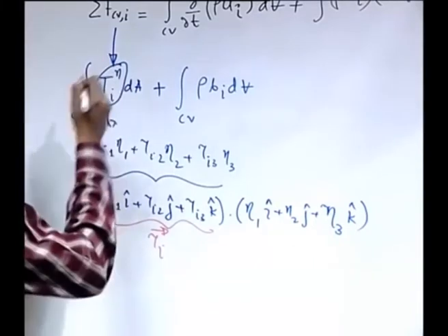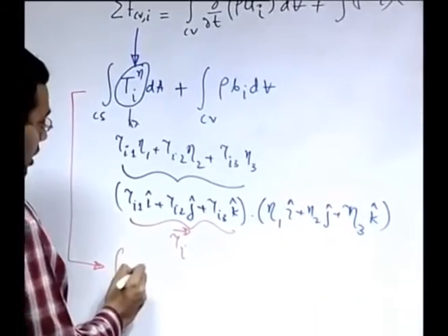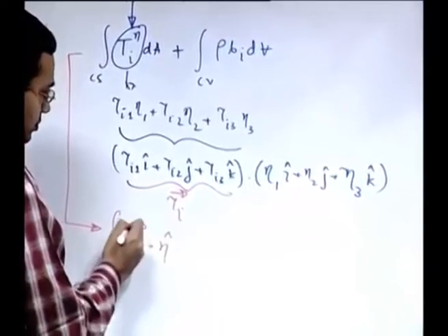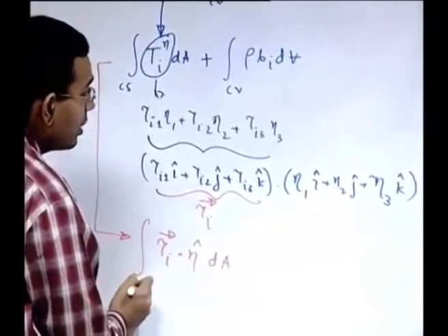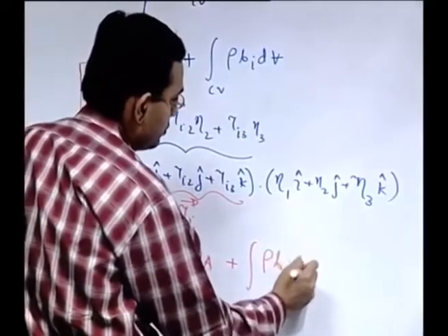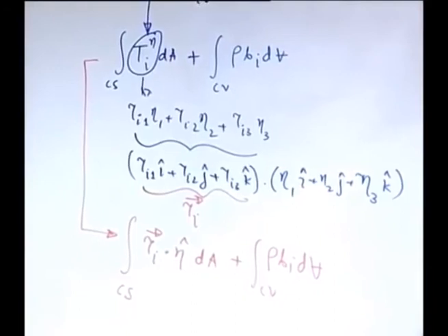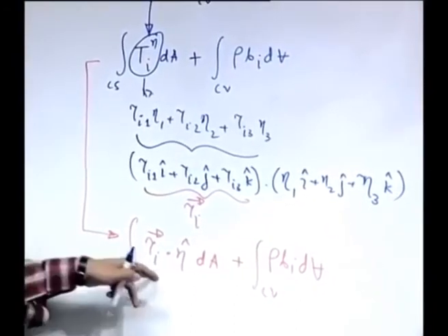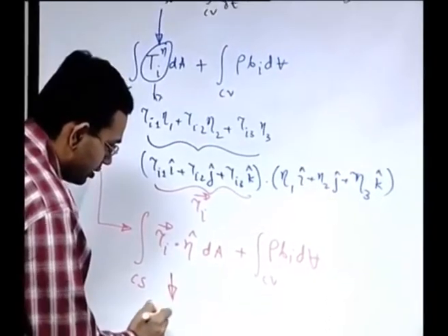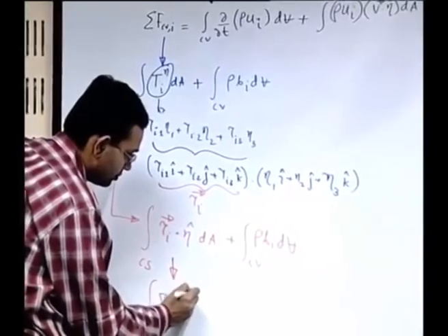Keeping that in mind, we can express this as the integral of tau i dot eta dA. Using the divergence theorem, we can express this in terms of a volume integral. This is nothing but the divergence of tau i.